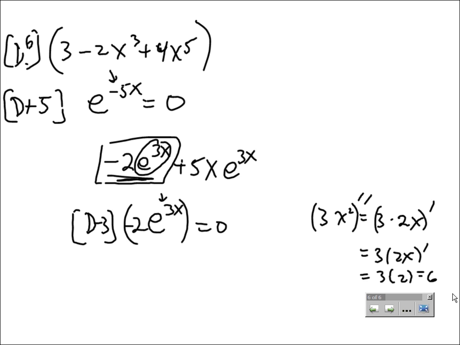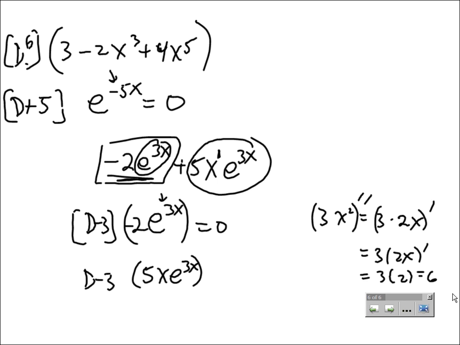That will annihilate it. Now, if you want to annihilate 5x e to the 3x, since the power of x is 1, you should do d minus 3 twice. But if we did it to the top one twice, it wouldn't matter. Because once we do d minus 3 on this one time, we get 0. And when you do the next d minus 3 on the 0, you're still going to have 0.